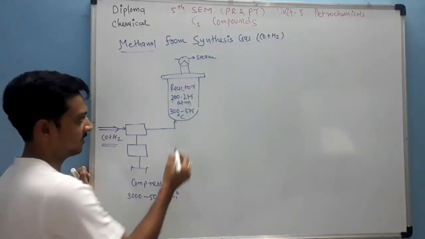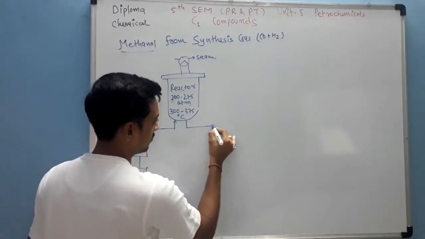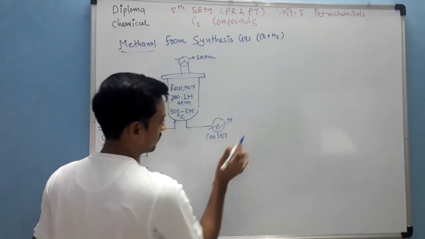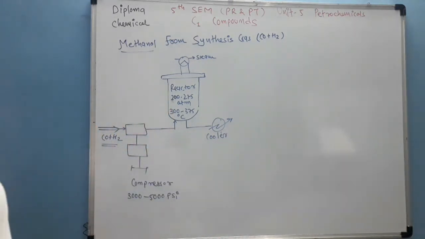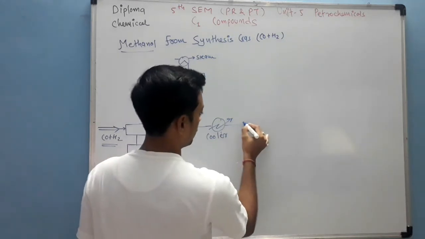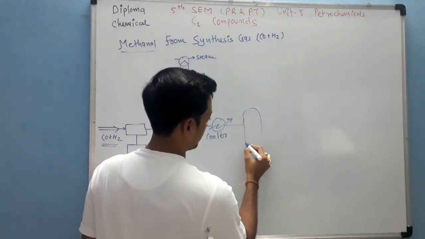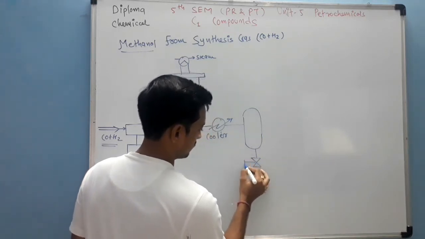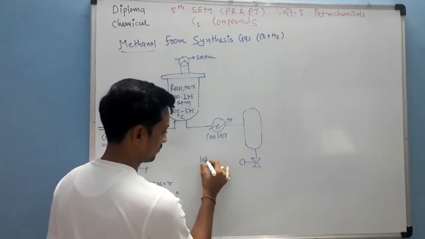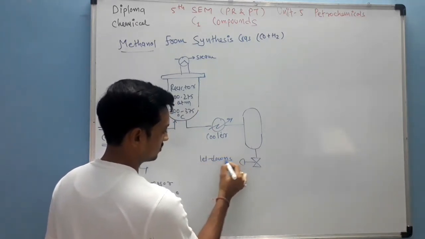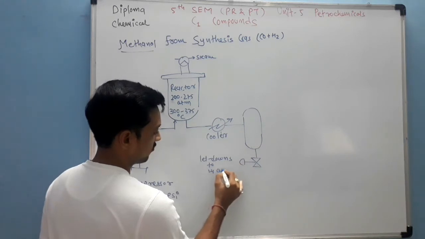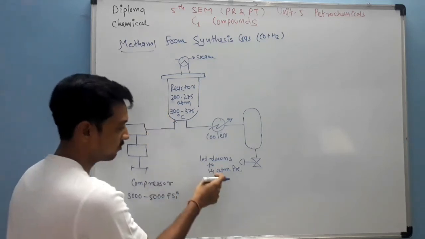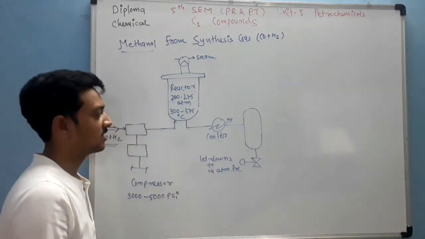Then it goes to a cooler. After the cooler, it goes through a let down valve, from where impurities are removed. It lets down to 14 atm pressure. From here to here pressure is decreased.